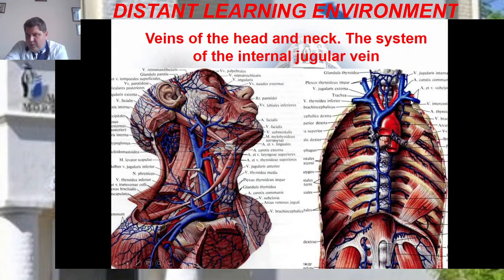But these two veins are formed behind the sternoclavicular joints. So the brachiocephalic veins are formed from two veins, the internal jugular vein and the subclavian vein, here and here. You may see also some branches of this vein.